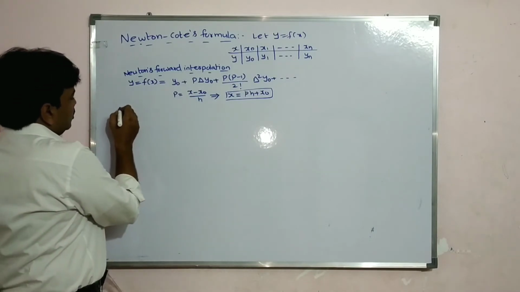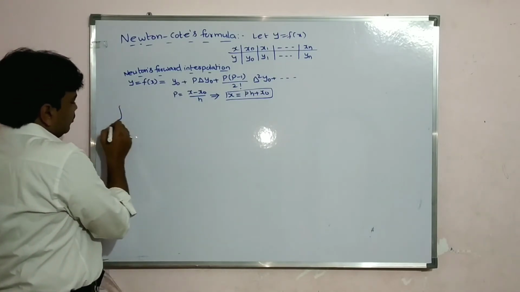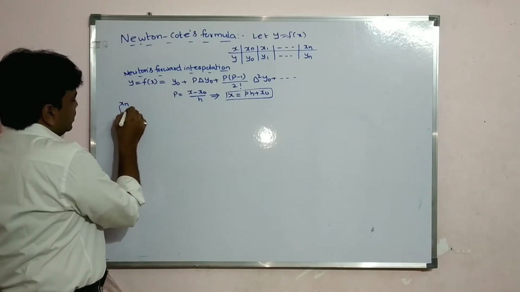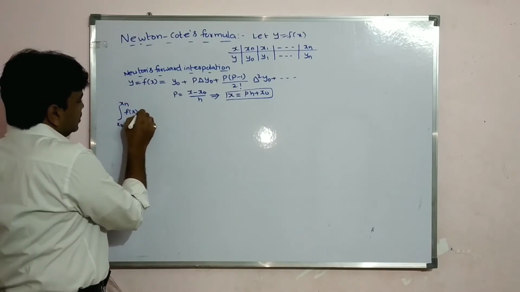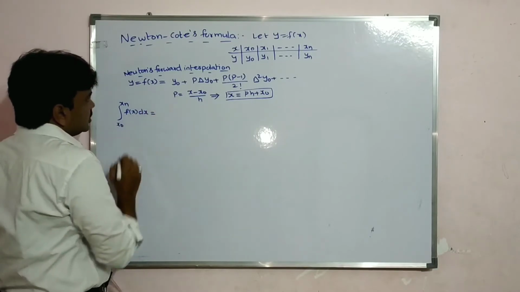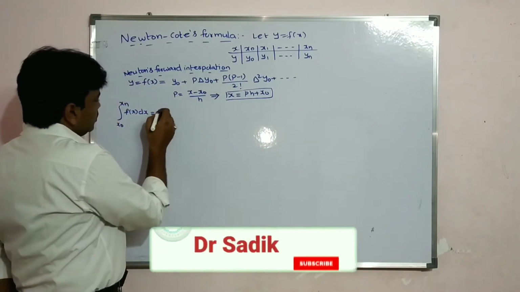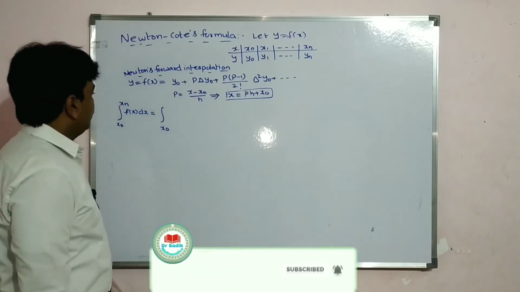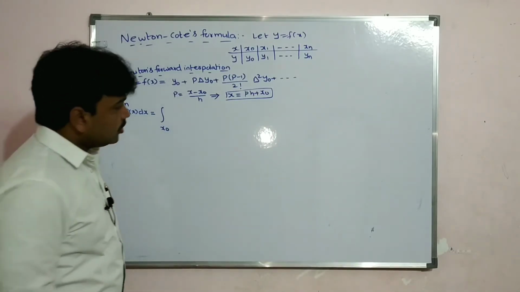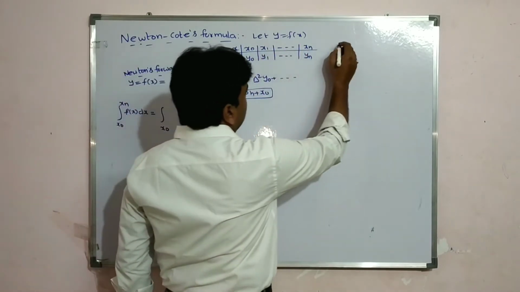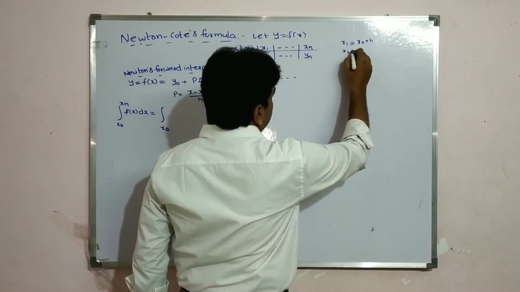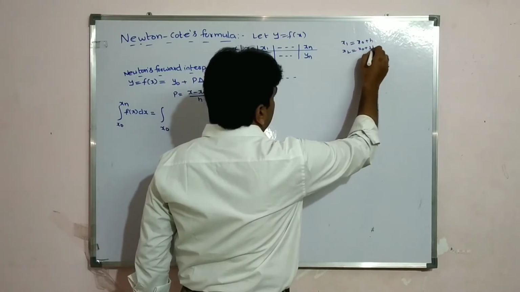Now suppose the integral form is integral x0 to xn f of x dx, students. How can you get x1, students, here? x1 is x0 plus h. x2 is x0 plus 2h.